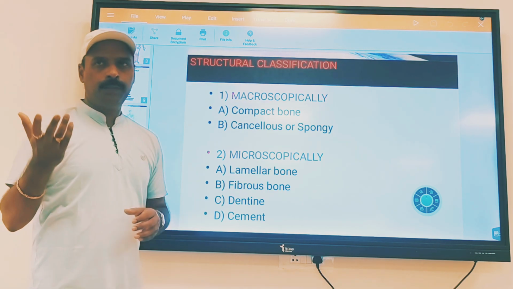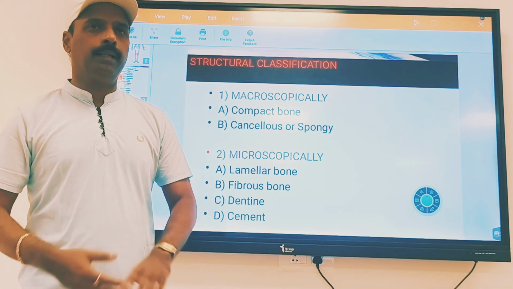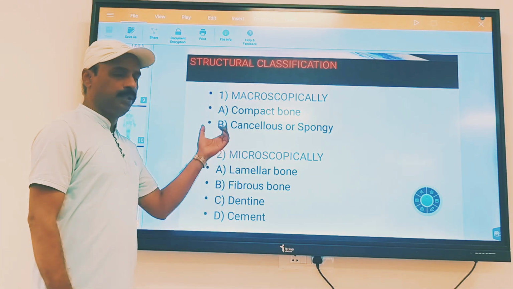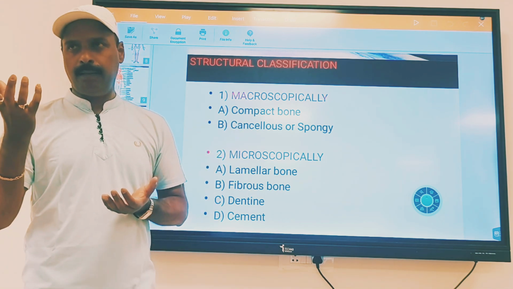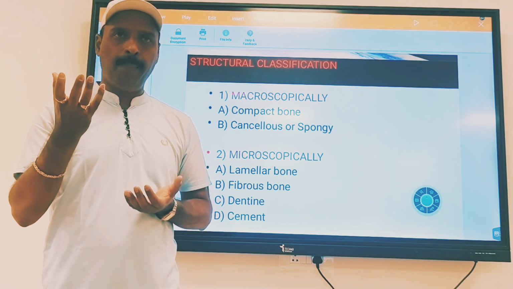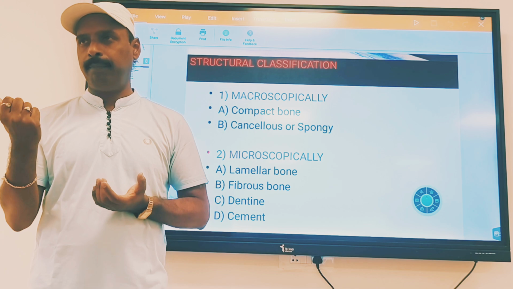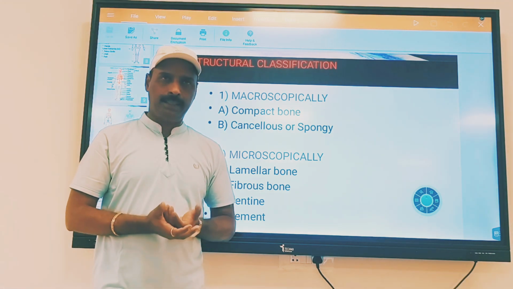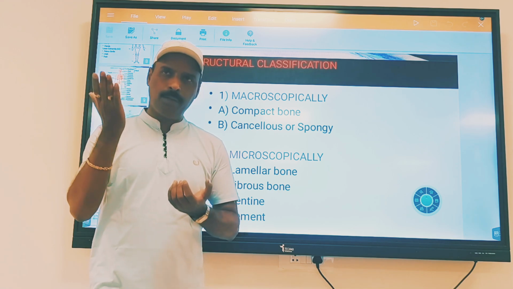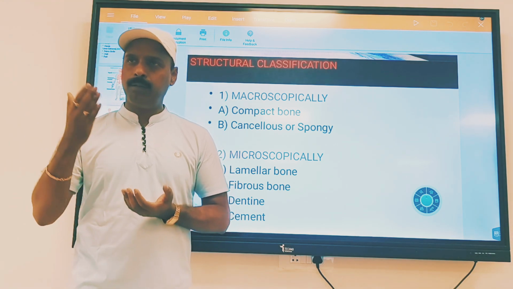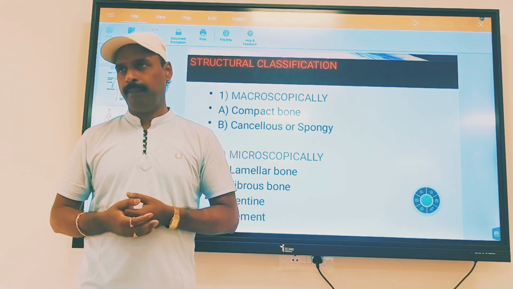Then the fourth broad classification is the structural one. When we take any tissue from our body, we first see how it appears to the naked eye. Then we take a section and keep it under the microscope to study it.